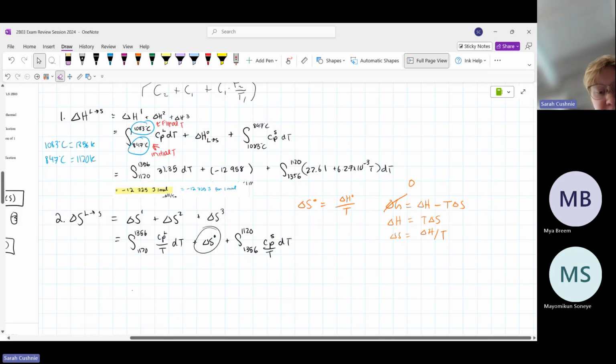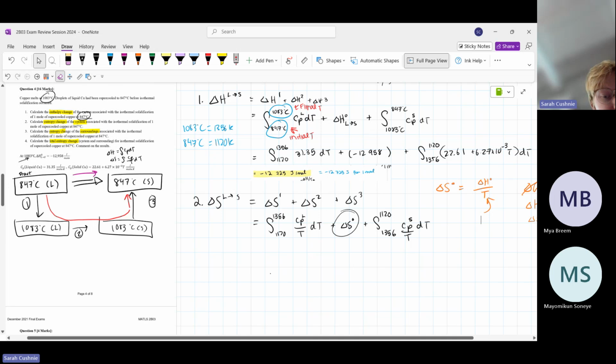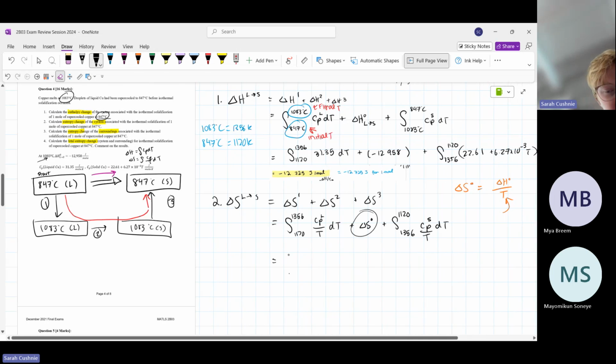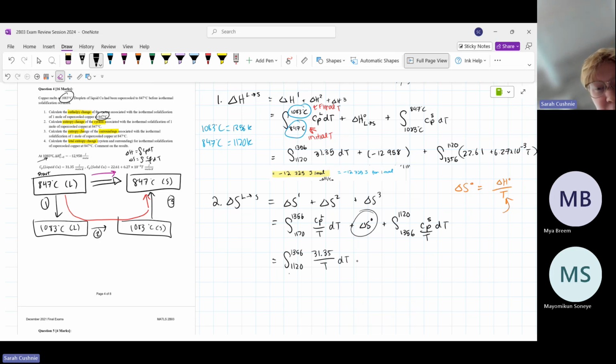And the temperature that we use there is the temperature at which the phase change takes place. So in this case, it's going to be the temperature of solidification, or the melting temperature, whatever you want to call it, which is 1356 Kelvin. So now we can write this out: the integral from 1120 to 1356 of 31.35 over T dT, plus negative 12958 over 1356.